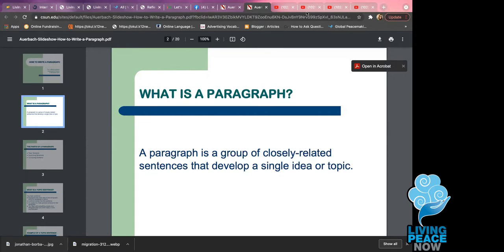They support the main idea of the first sentence and give more details. And finally, the last one is called the conclusion sentence. We can tell our opinion in the last sentence or generalize what we said above in the whole paragraph.